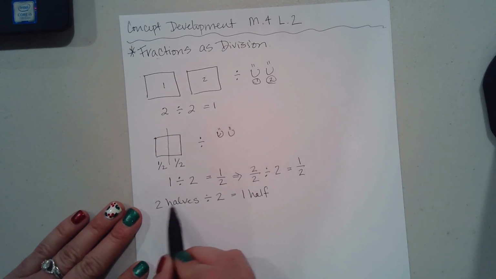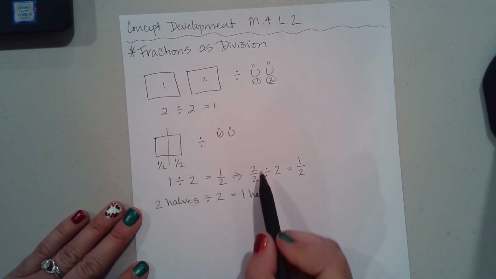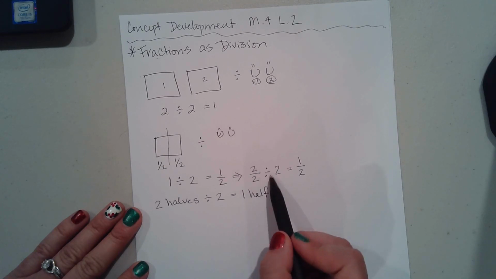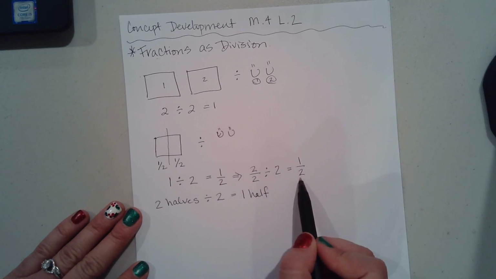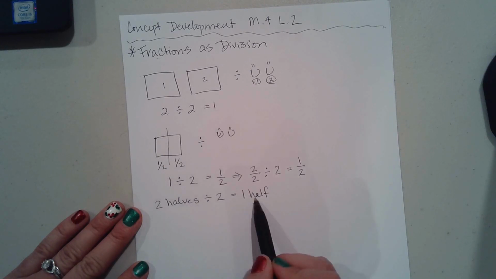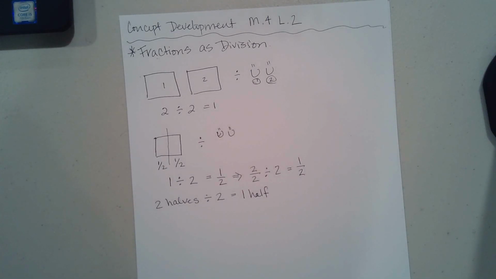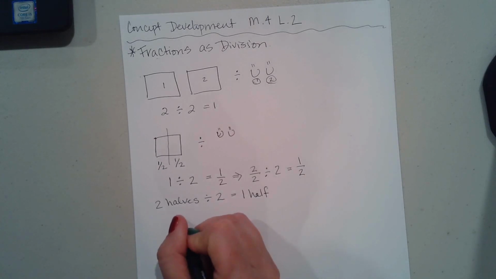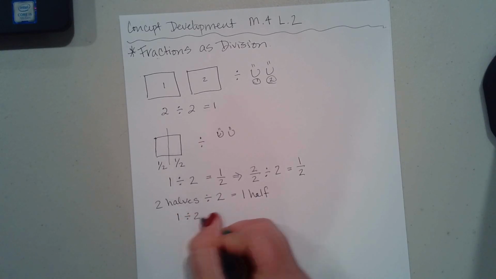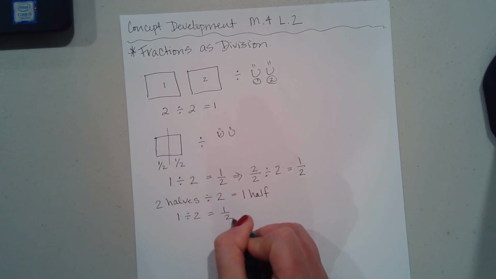So if I have 2 halves right here, and I divide by 2, I end up with 1 half. So this goes with this. Our equation is 1 divided by 2 equals 1 half.